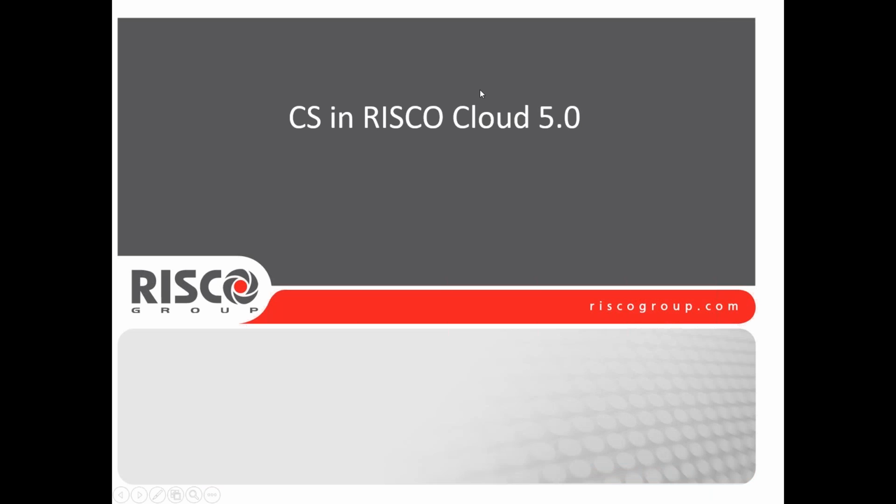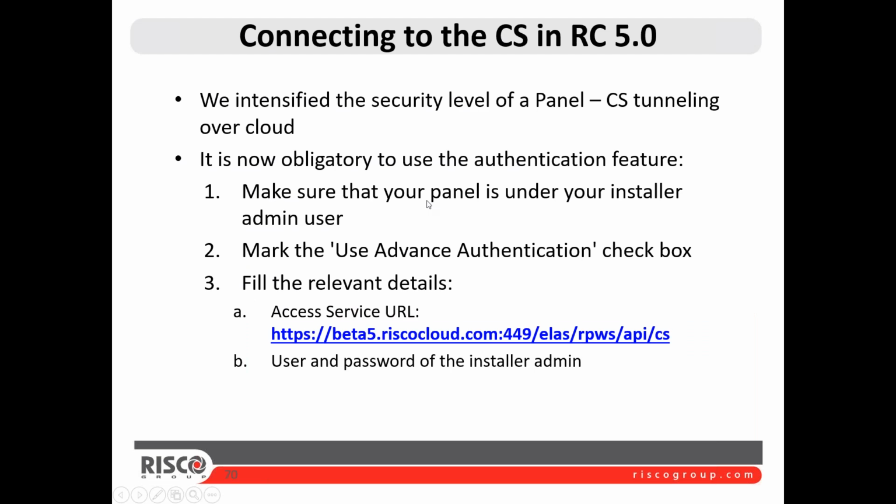Okay, so getting to the most important part about the cloud, and that is in terms of configuration software. When we're connecting to the configuration software, we've actually increased the security level of a panel. We call it CS tunneling over the cloud.